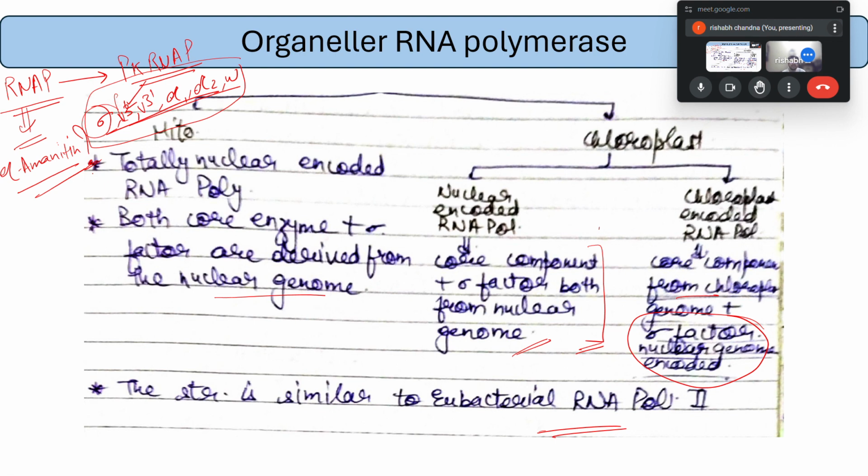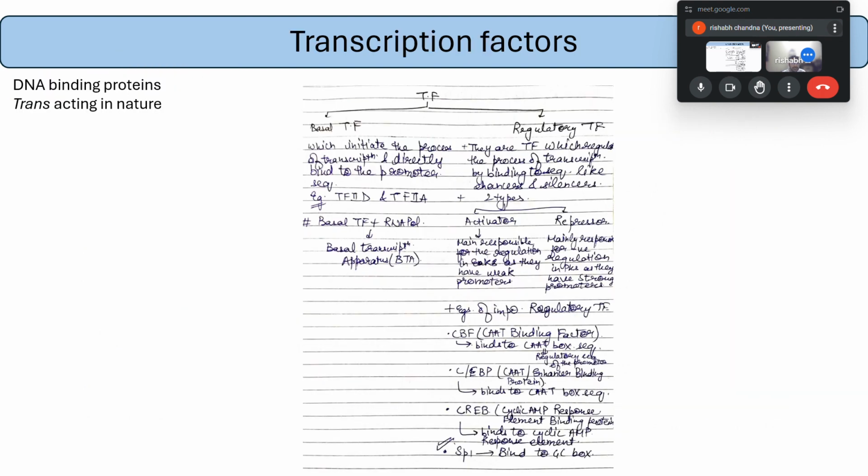Now this ends the part on RNA polymerase. Now moving on to the different transcription factors that play a role in RNA polymerase initiation. Starting with the fact that transcription factors are DNA binding proteins, how can we detect the transcription factors that are bound to the DNA?